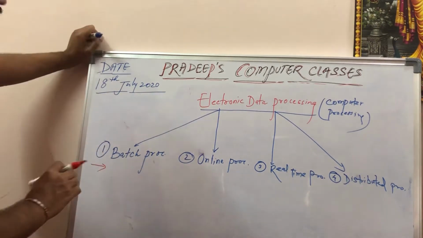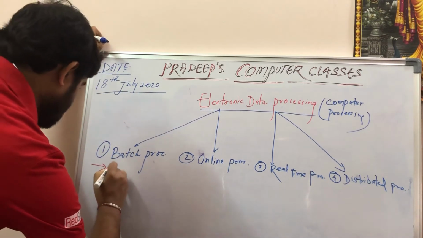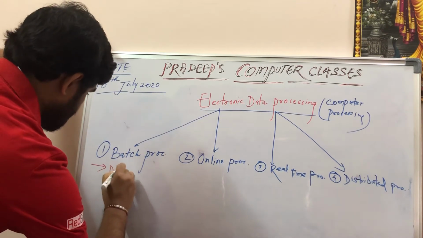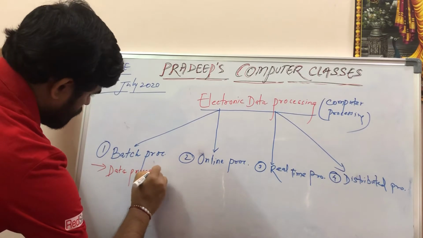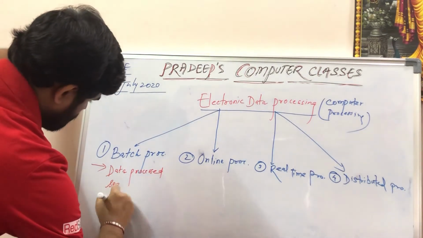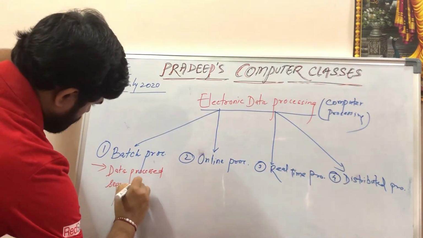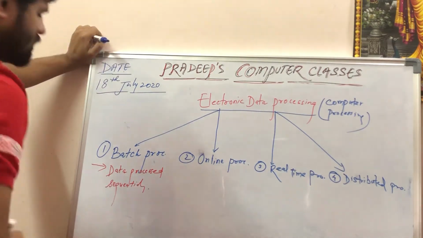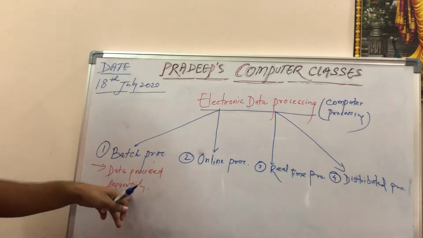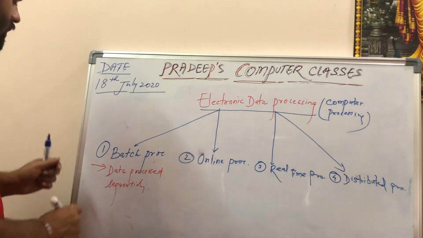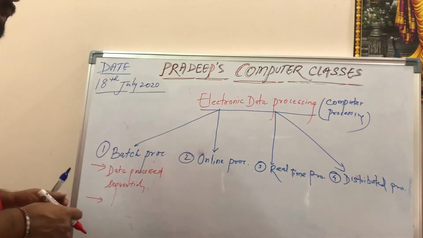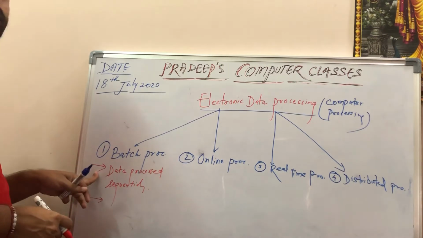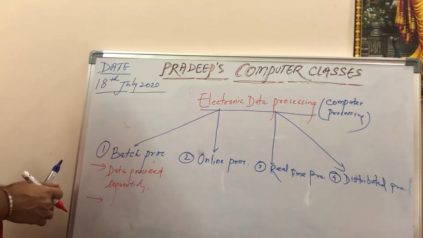In batch processing, data is processed sequentially. Next, the data should be organized in the batch way.